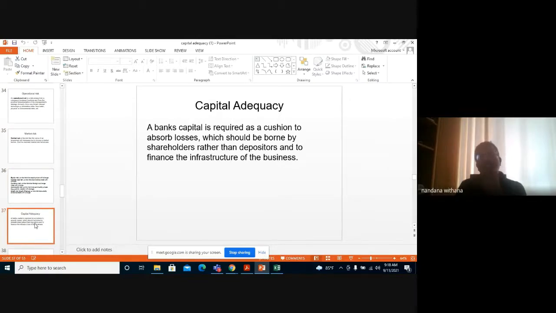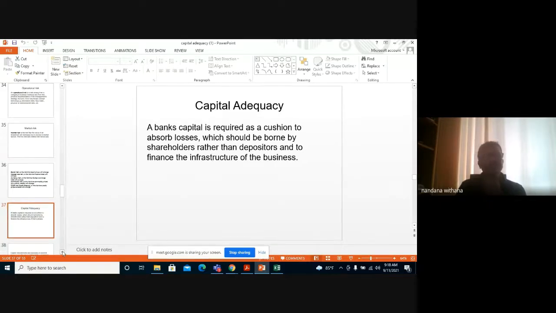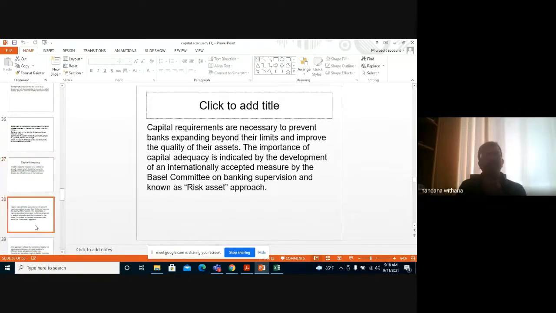Then why do you want capital adequacy? If you have enough money, then you can absorb losses instead of passing them to depositors. Capital requirements are necessary to prevent banks expanding beyond their limits.